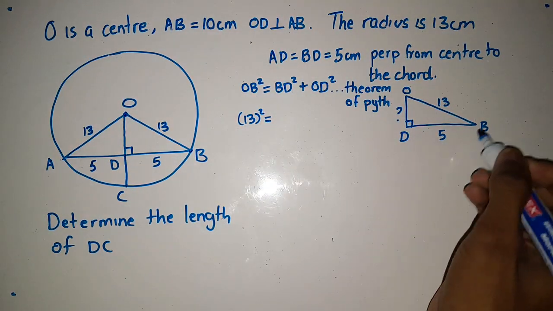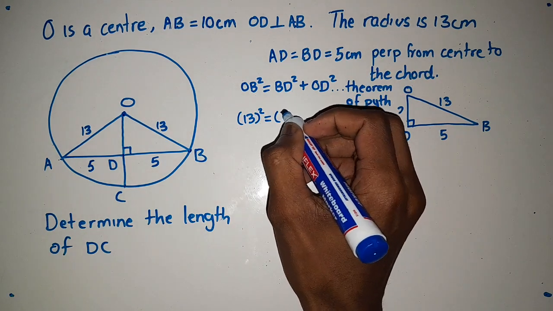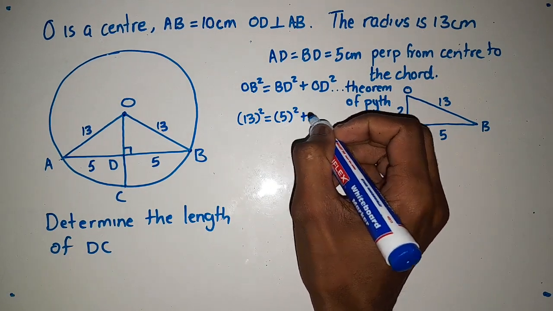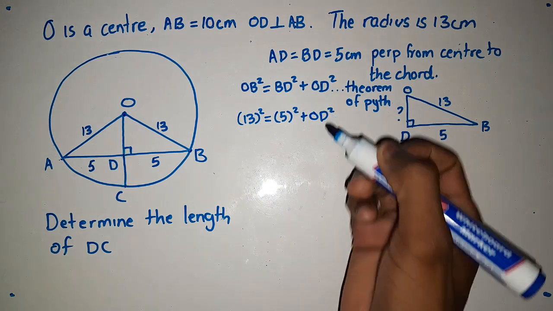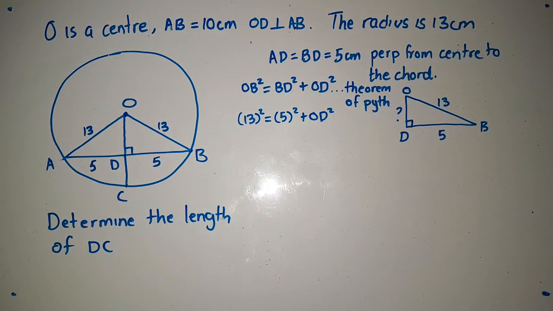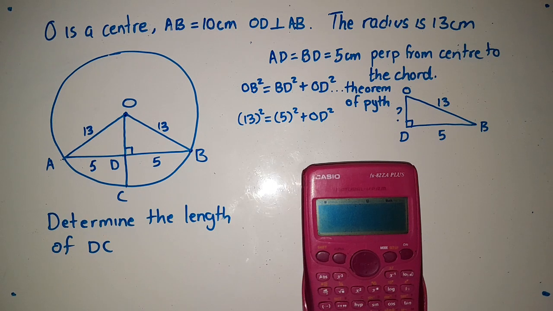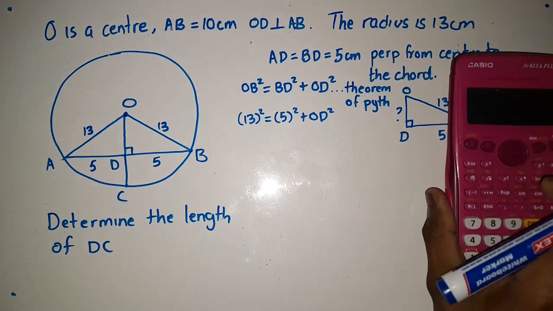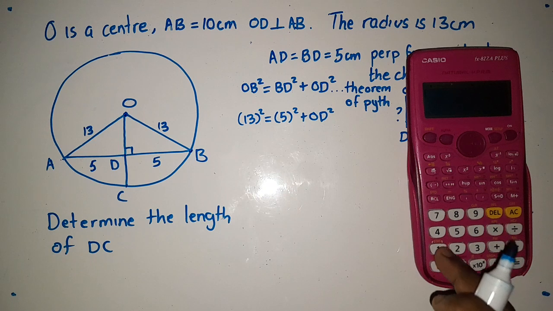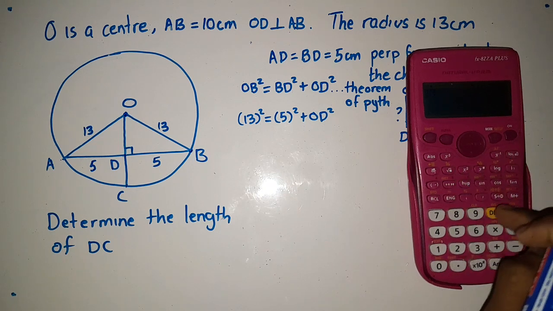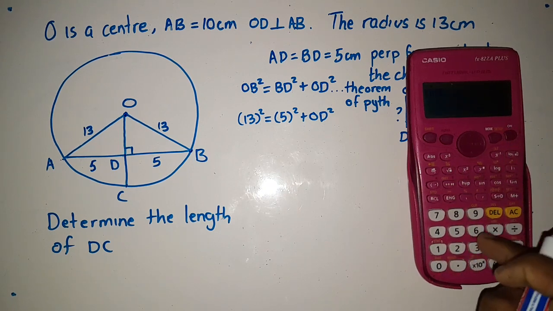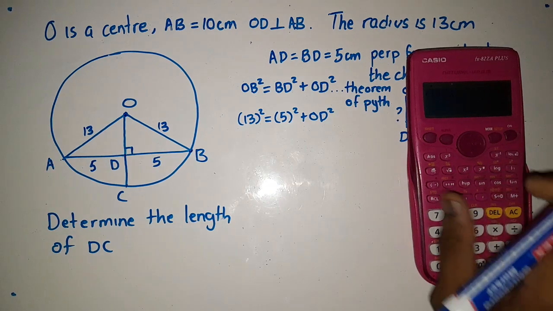Our BD is 5 squared. Then we have OD squared like this. Now we need our calculator. We have 13 squared.